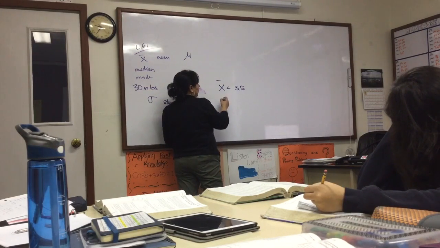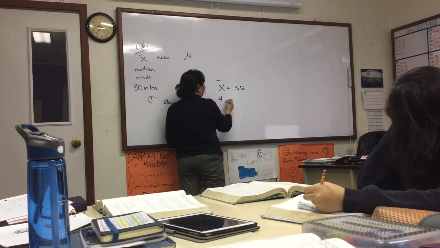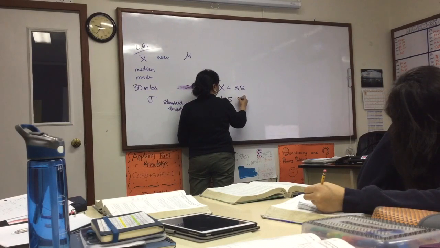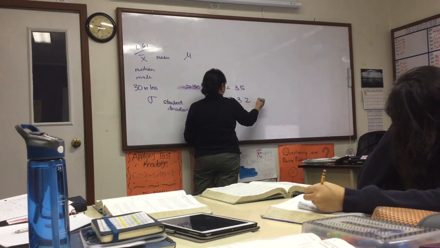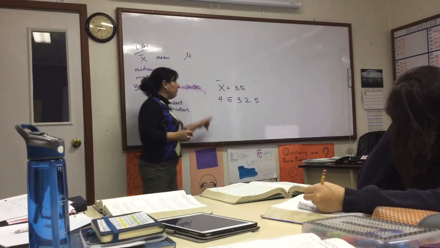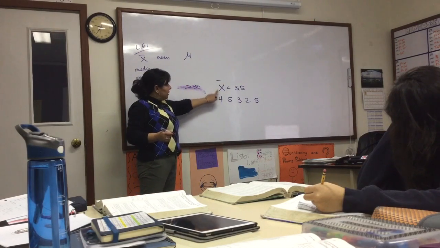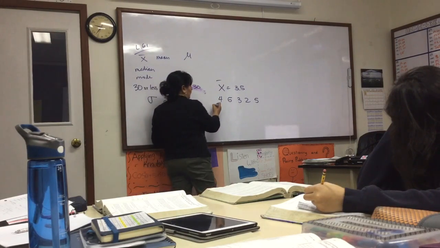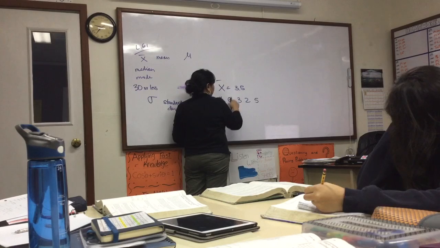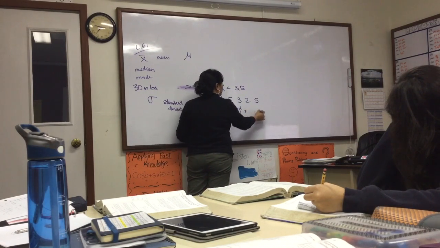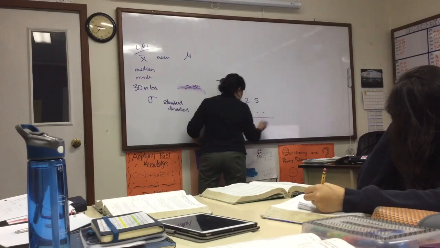And these are the numbers that you had: a 4, a 5, a 3, a 2, and another 5. The distance from here to the mean would be 0.5, right? And you square that. The distance from this one to this one is 1.5, and you square that. And so on. And then you divide.